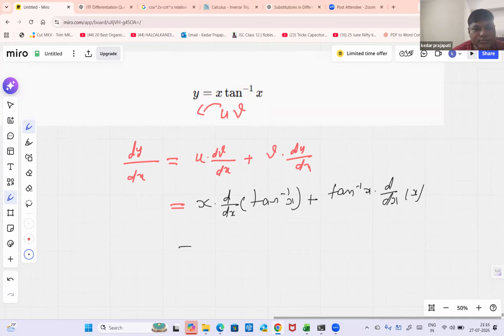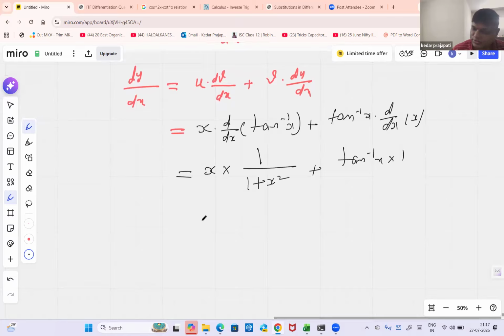Okay? This is x into d by dx of tan inverse x, which is 1 by 1 plus x square, plus tan inverse x into 1. So my answer is x by 1 plus x square plus tan inverse x.